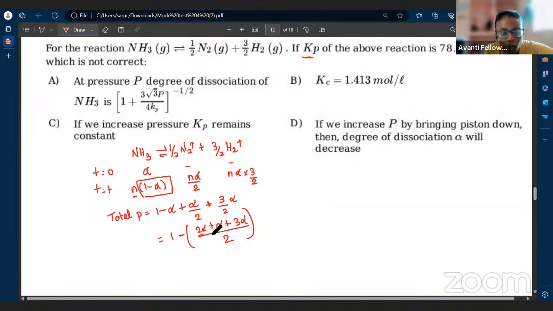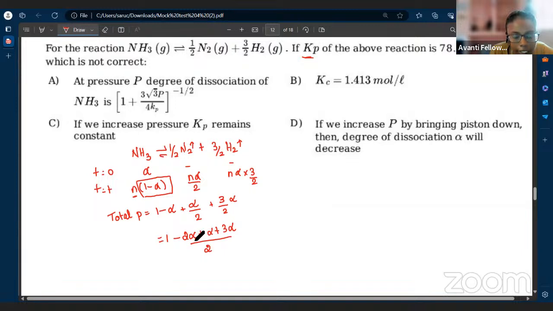Oh, here the reactant is being consumed, so you have to subtract it: 1 minus 2 times alpha plus 3 times alpha by 2.